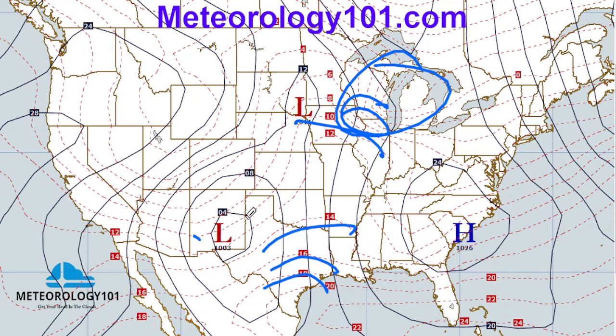We could possibly go occluded, bring an occlusion up around into that ridge. I'm not really seeing that too much. I would almost want to drop that cold front down, and then we could probably go a little bit of an occlusion there, and then the warm front, I'll go ahead and erase that real quick.